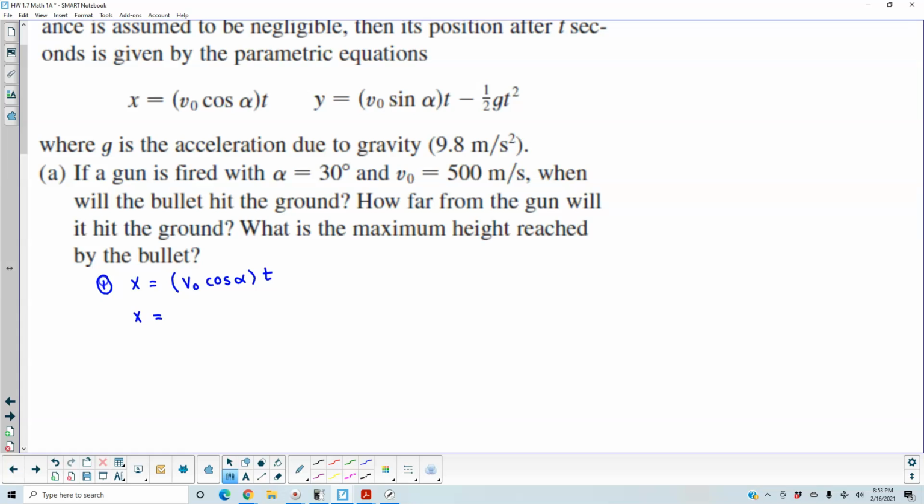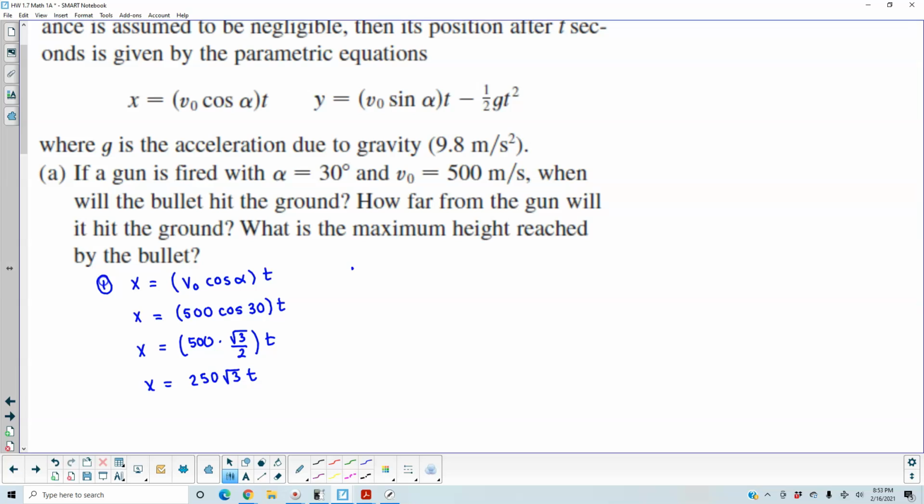So that means we're going to substitute the velocity to be 500 multiplied by the cosine of alpha, which is 30 degrees, t. Well, we know that this becomes 500. Cosine of 30 is the square root of 3 over 2. So for x, we're going to get 250 times the square root of 3 t.